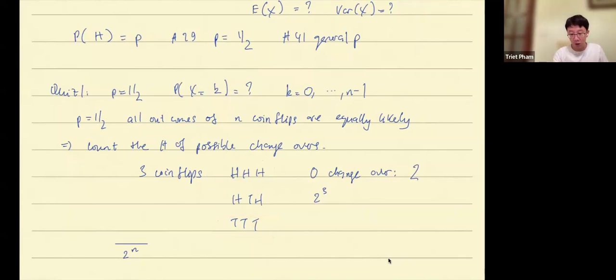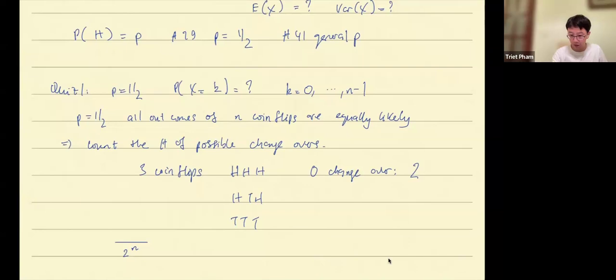How many sequences give me 1 changeover? In fact, I think that might be a little bit harder. Doesn't matter. How many sequences give me 2 changeovers? Should also be 2.